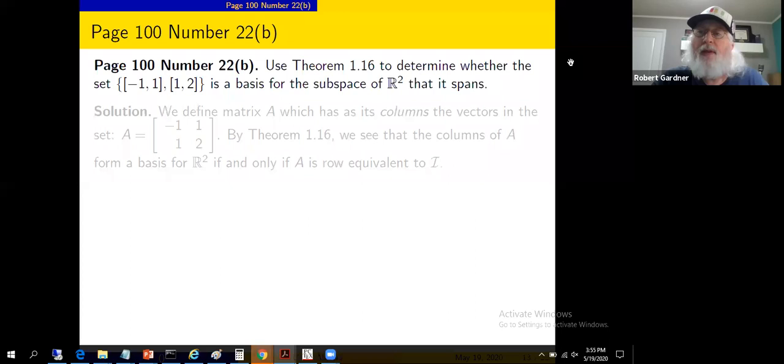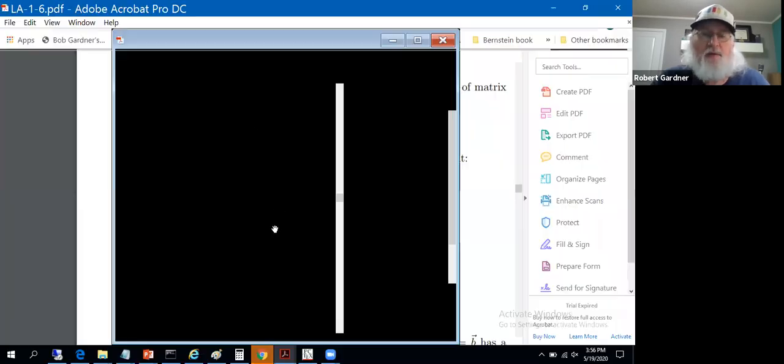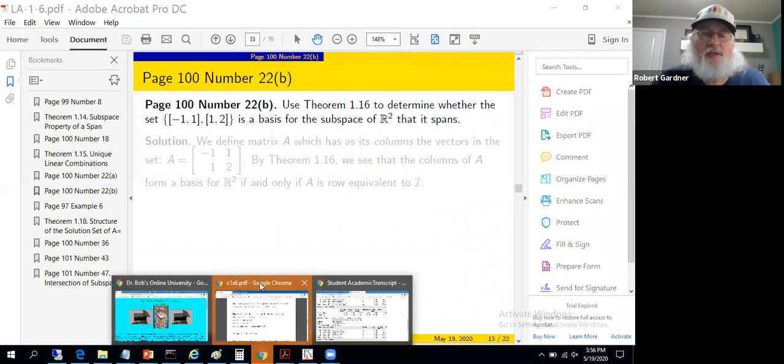In part B, we're asked a question: use Theorem 1.16, we'll look at it again, to determine whether the set of vectors given here is a basis for the subspace of R2 that these vectors span. So we've got vectors, we're looking at a spanning set, and the question is, do we have a basis? Let's take a look again at Theorem 1.16.